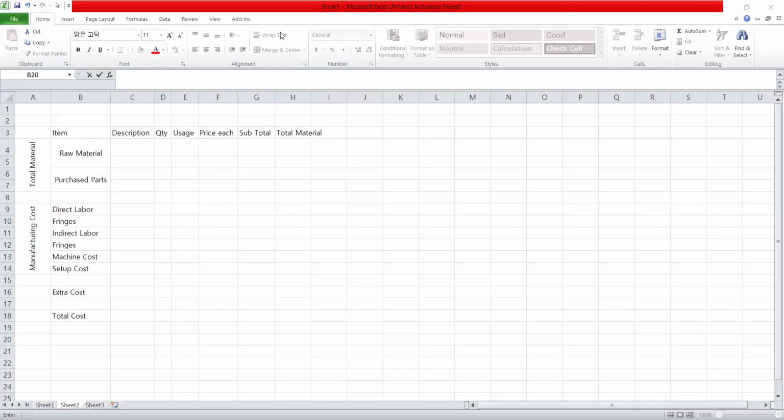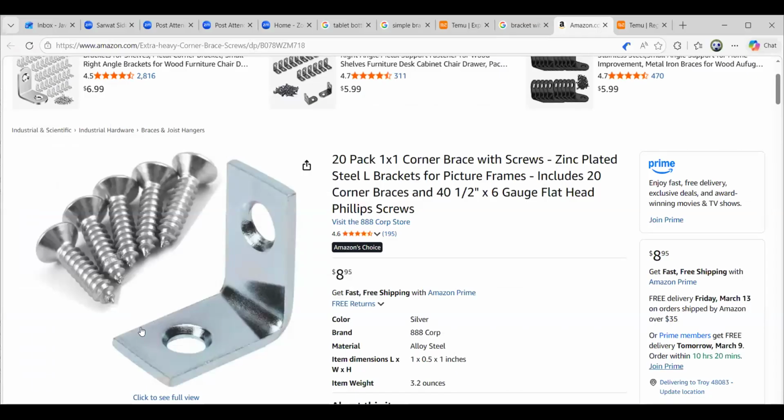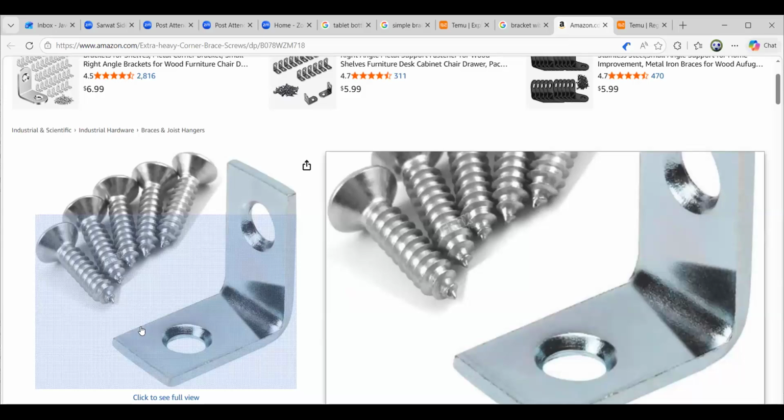It will take me a couple of minutes to get used to Zoom now. Okay. Can you see now? Yes, we can see that.